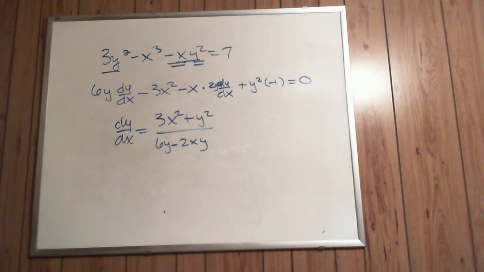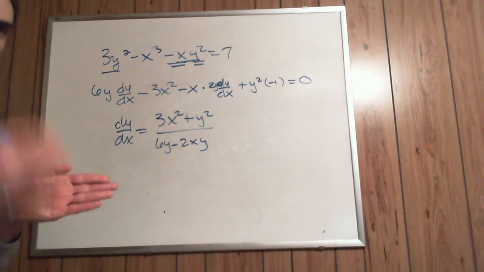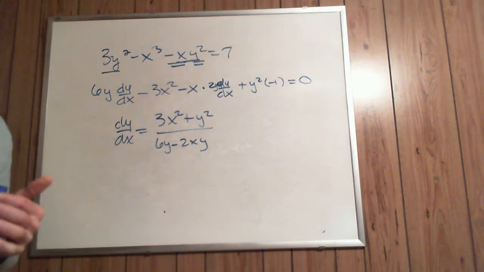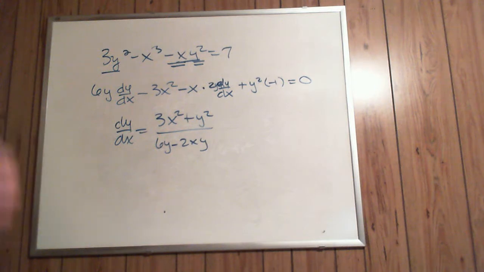You set the denominator equal to 0, and as long as it does not make both the top and the bottom 0, there's a vertical tangent there. Horizontal tangents occur where the top equals 0. Again, make sure that that number or x and y's do not make the bottom 0. Horizontal tangents occur where only the top is 0, not the bottom.